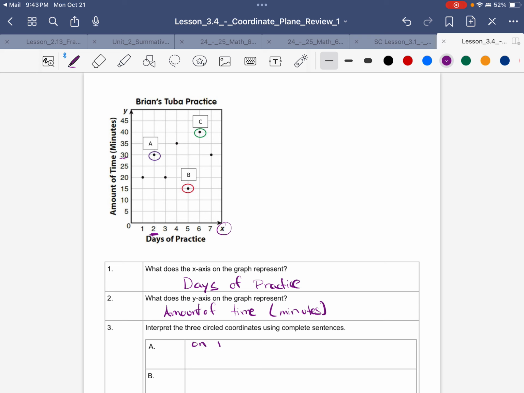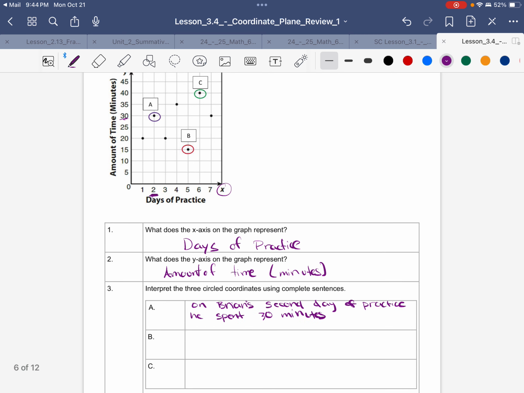So on Brian's second day of practice, he spent 30 minutes. And then for B, he's at 5 days. On his 5th day of practice, he spent 15 minutes.